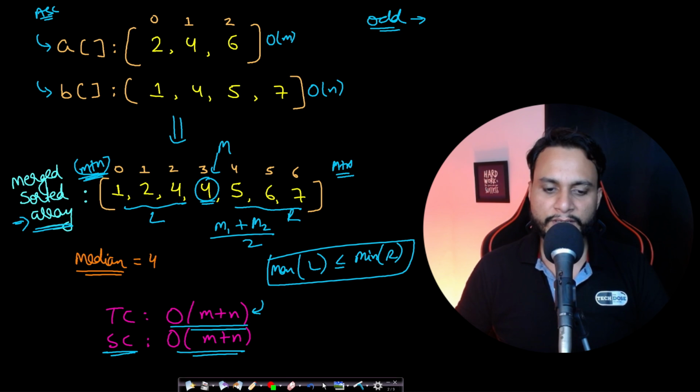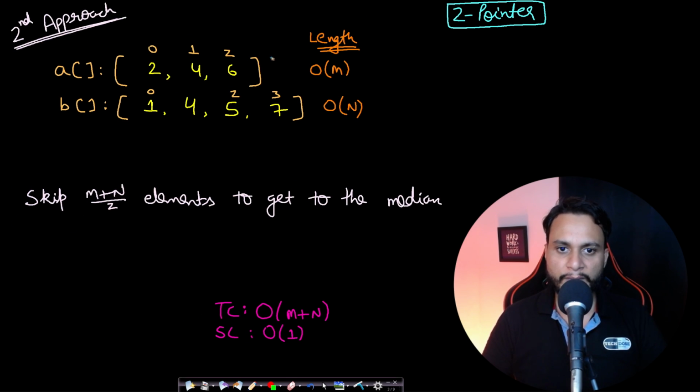Now based on this technique, we can also apply the two-pointer approach to solve the same problem of finding the median of two sorted arrays. How can we do that? We know that if m is the number of elements in the first array and n is the number of elements in the second array, in this case m is 3, n is 4, then the total number of elements is 7.